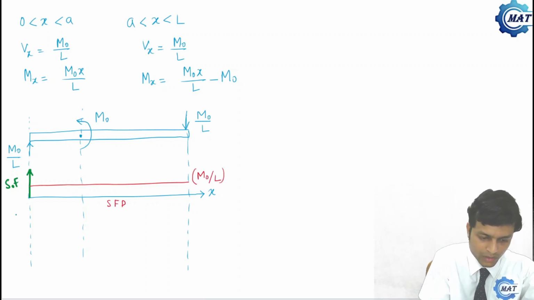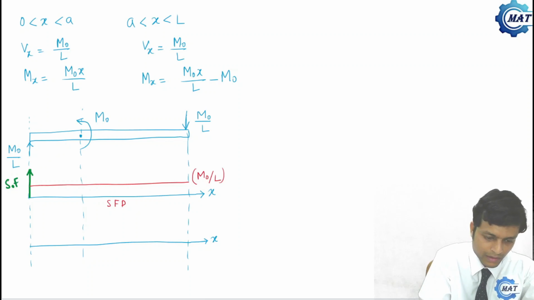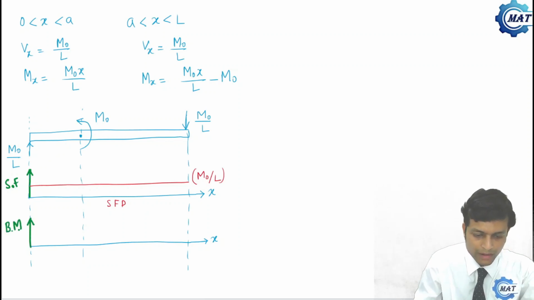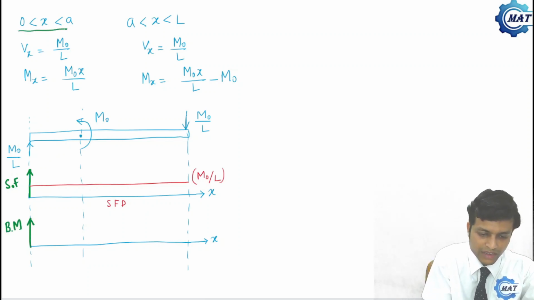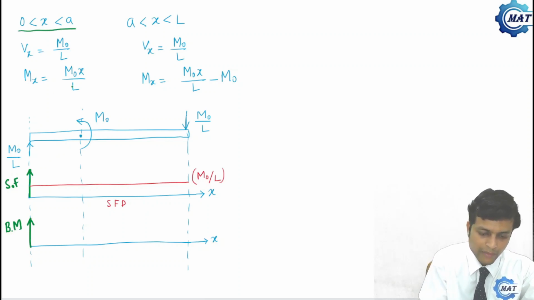Now what will be the bending moment diagram? Say this is x and this is my bending moment axis. For this range x greater than 0 less than a, Mx is M0 x by L. So at x equal to 0, bending moment is 0.